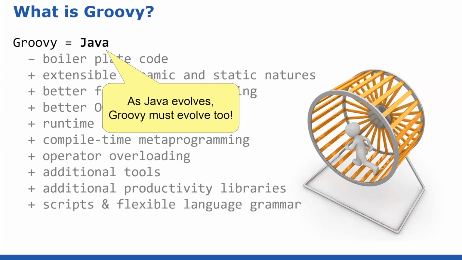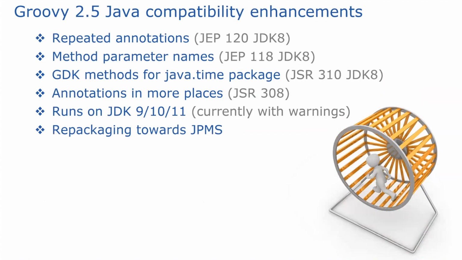We did some of that in 2.5, and again, I'm not going to go into all the details, but there are some of the JSRs and JEPs, the Java Enhancement Proposals. We've added support for those.